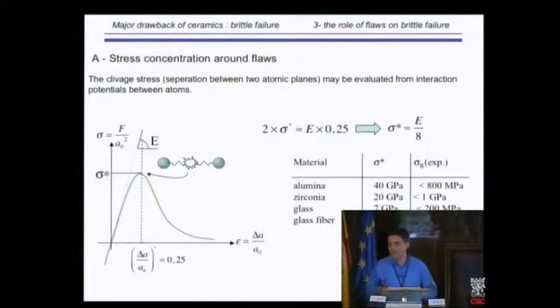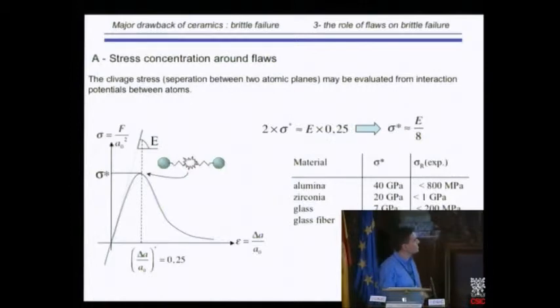And in fact, in the very best cases in practice, we only have 800 megapascal. So there is an apparent discrepancy between the stress needed to separate planes, so to have a failure, and what we obtain experimentally. In zirconia, it's the same.